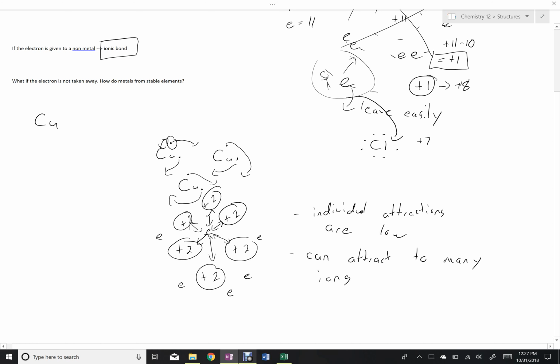And so, although the individual attractions are low, it can attract to many ions, and so the attractions add up.